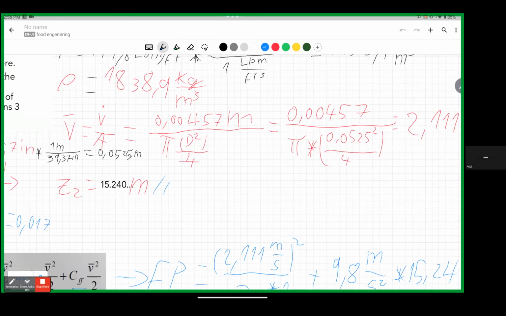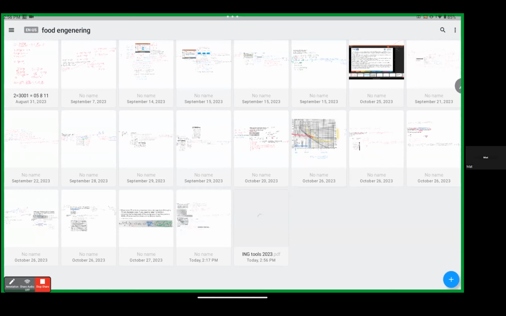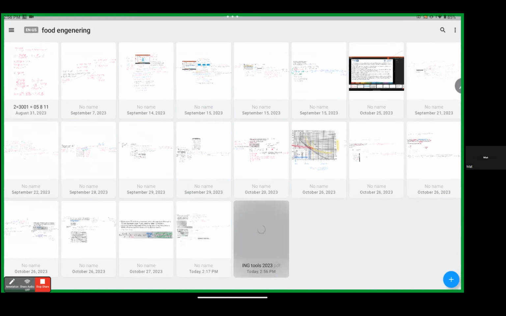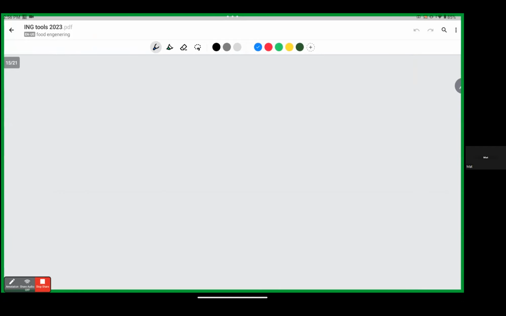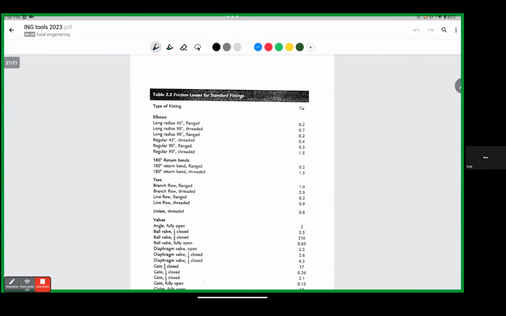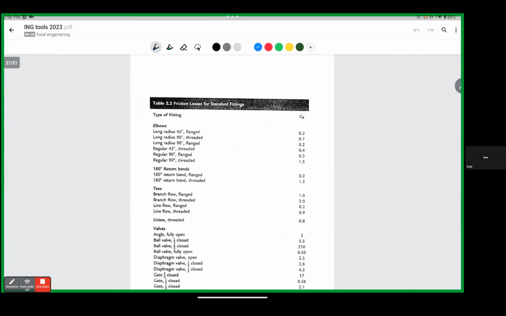Okay, guys, and continue with our session. I already updated the engineering tools for your review, and I put this little tool in the last part. It was a little difficult to get, but it has the coefficients for the main formulas we are using by the moment. For example, this one here.